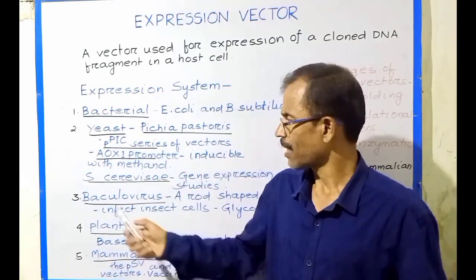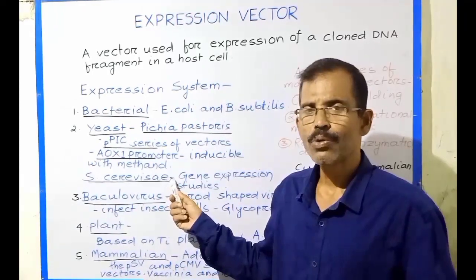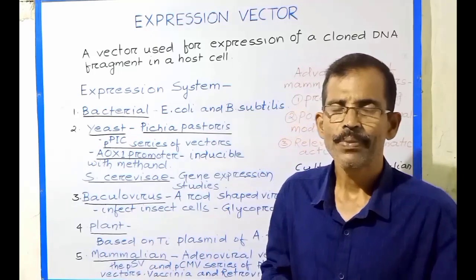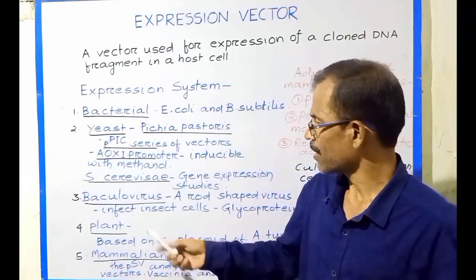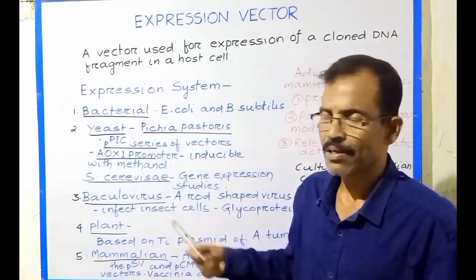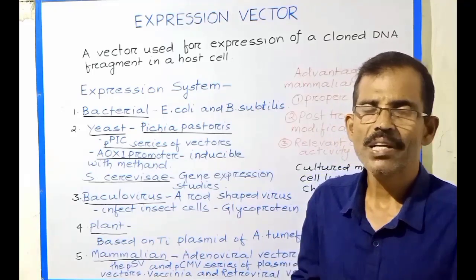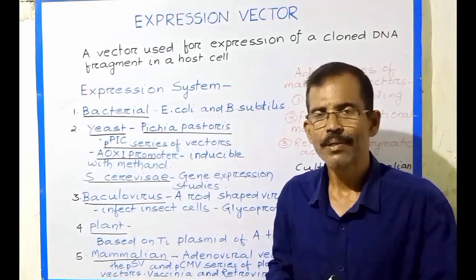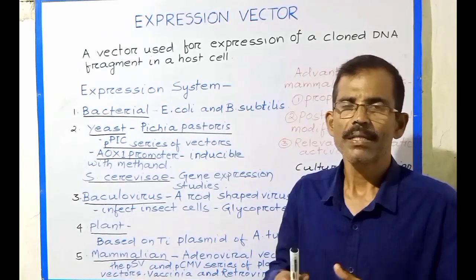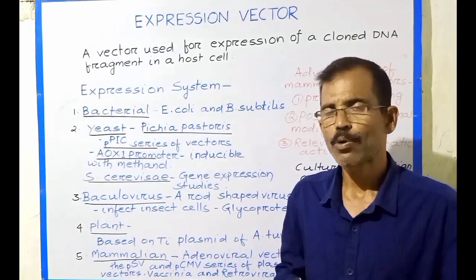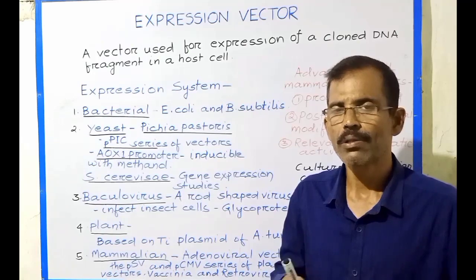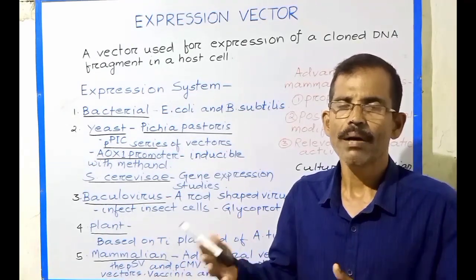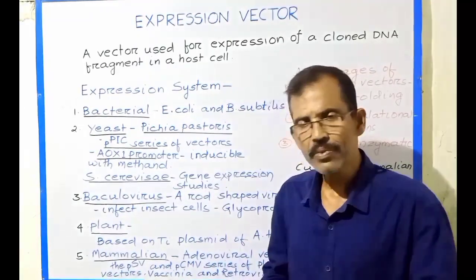Another yeast is Saccharomyces cerevisiae, which is used for gene expression studies. Another expression vector is baculovirus. It is a rod-shaped virus which infects insect cells. This virus is particularly used for the production of glycoprotein, although the glycosylation may differ from that of vertebrates.